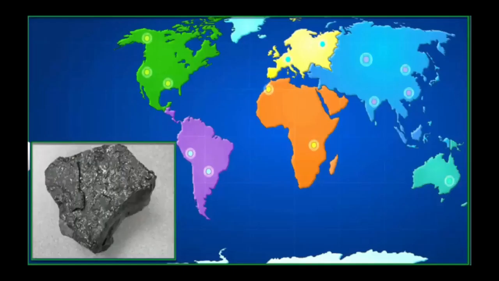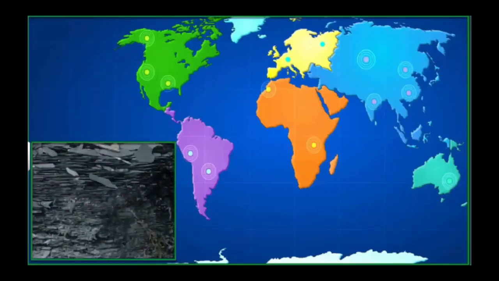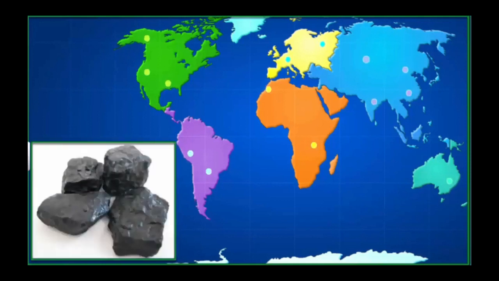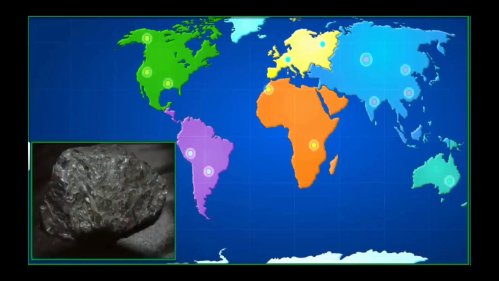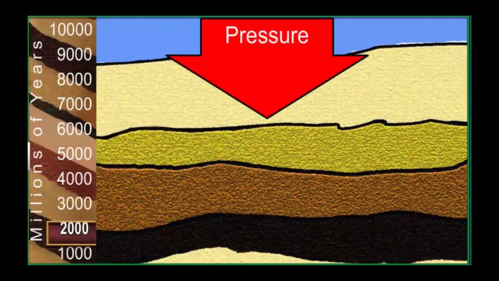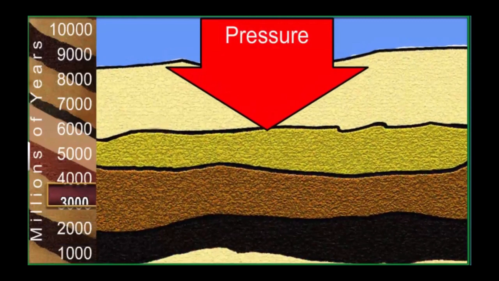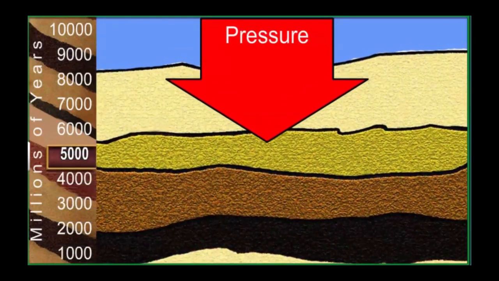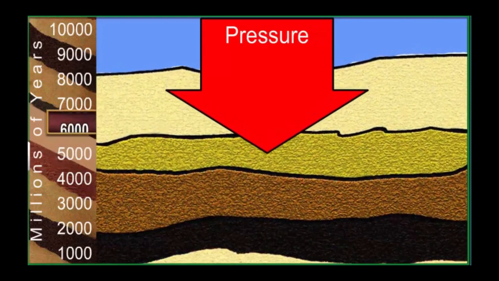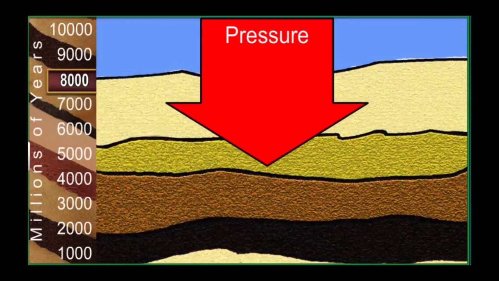Coal found in different regions may look very different and have different properties. The variety of coal depends on how long the plant material had been buried, at what depth and under how much pressure.